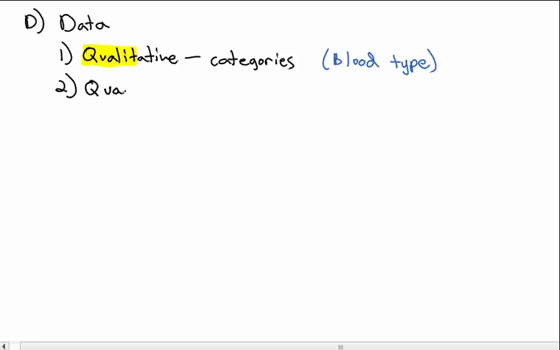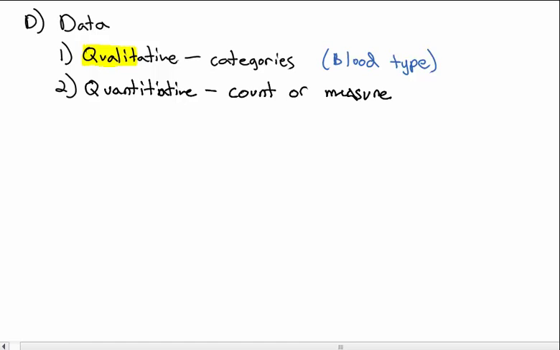The other type of data is quantitative. Quantitative data is data that we can count or measure. There's a number associated with quantitative data. You get a number of 7. You get 4.2.